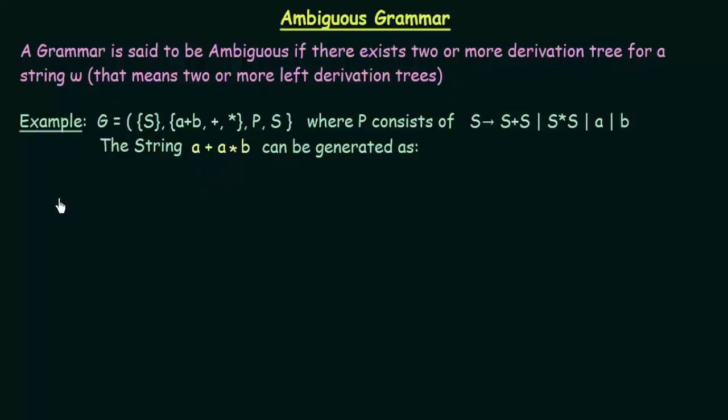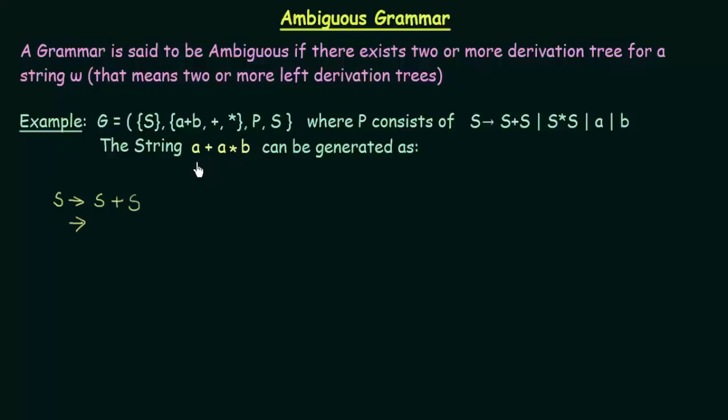Okay, so let us start with the start symbol, which is S, and I will say that S gives S plus S. I will start from this production. Now I need to get a plus a into b.